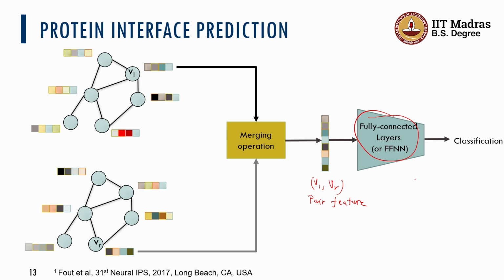Recall that in certain applications, this complete task is done in one go, meaning that all the parameter learning happens throughout, from the classification to the graph filtering operations. Sometimes we can decouple it: we first learn features for each node, then merge them, and then independently learn the classic feed forward neural network to perform the classification task.